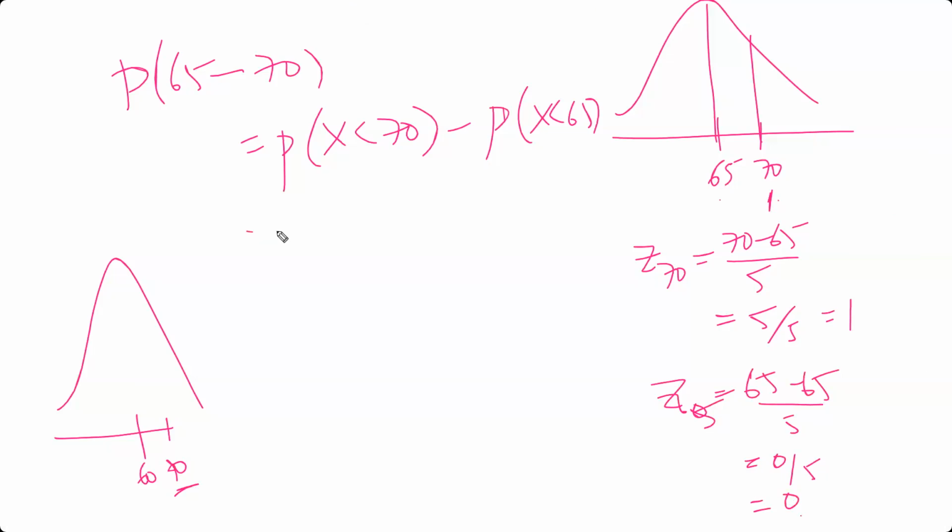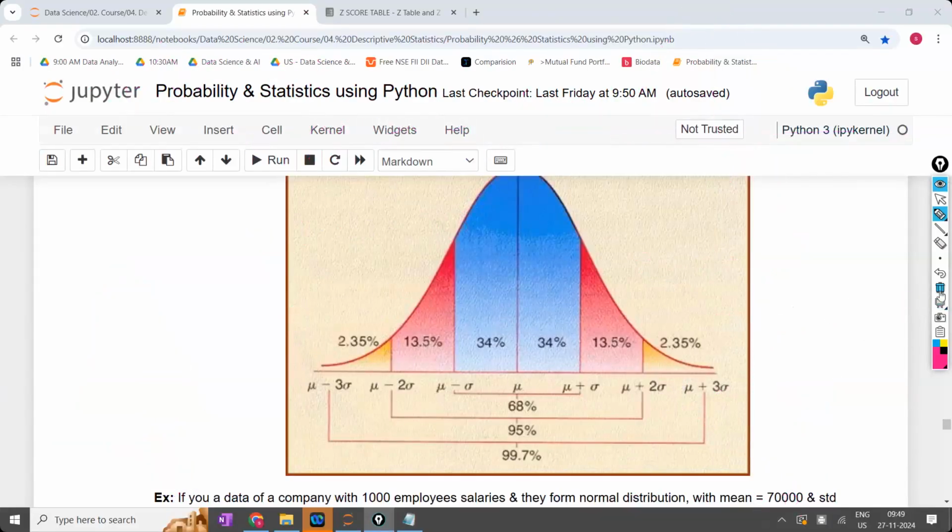If you subtract, 0.84 minus 0.5 is again 0.34. Is the point clear? From the mean to 1 sigma, the probability will be 0.34, fixed every time.